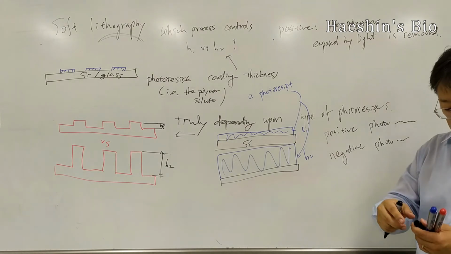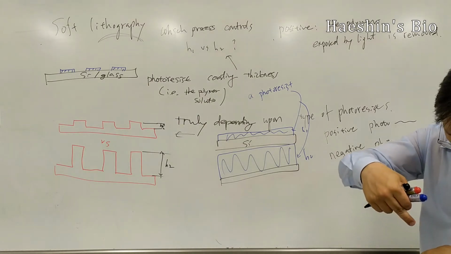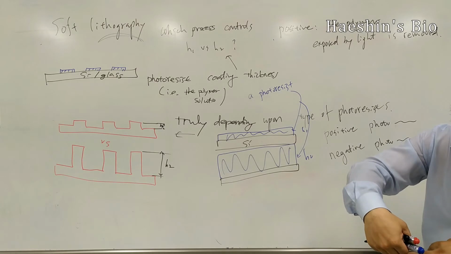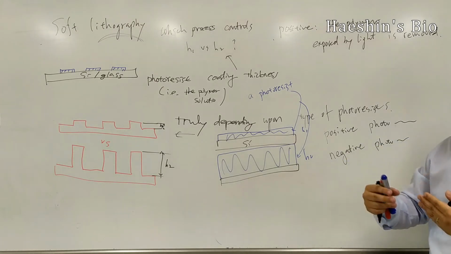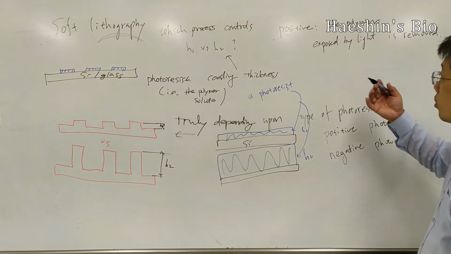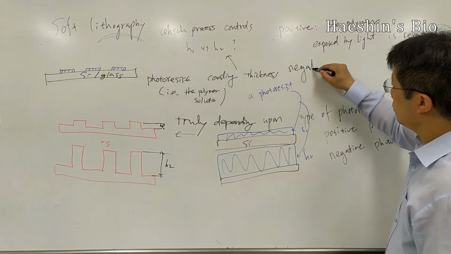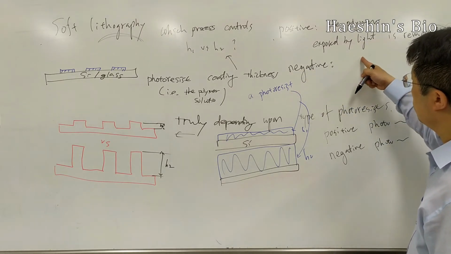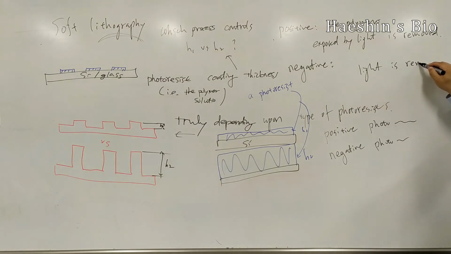So this is my hand and this is the polymer layer, and this part, my nail, gets illuminated and removed. It behaves positively. The opposite concept is a negative photoresist. That means the polymer exposed by the light remains. It behaves the opposite way.